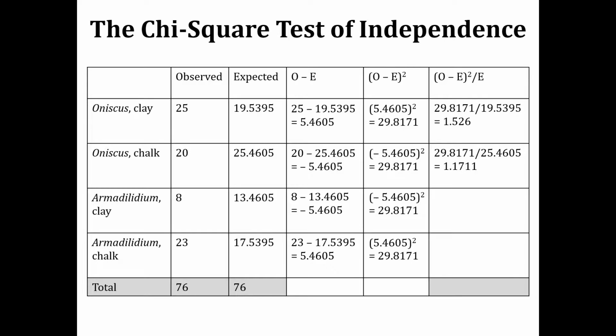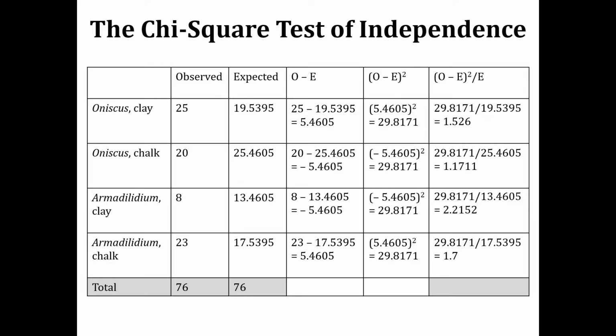Then in the next cell, the square of the difference for Oniscus chalk, which is 29.8171, is divided by the expected frequency of the same observation, and the answer is 1.1711. Then in the next cell, 29.8171, the square of the difference for Armadillidium in clay soil, is divided by the expected frequency of the same observation, and the answer is 2.2152.